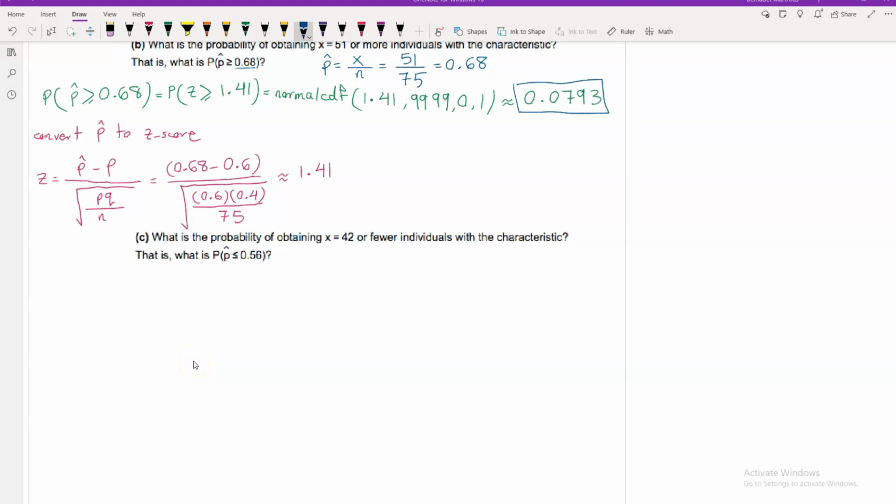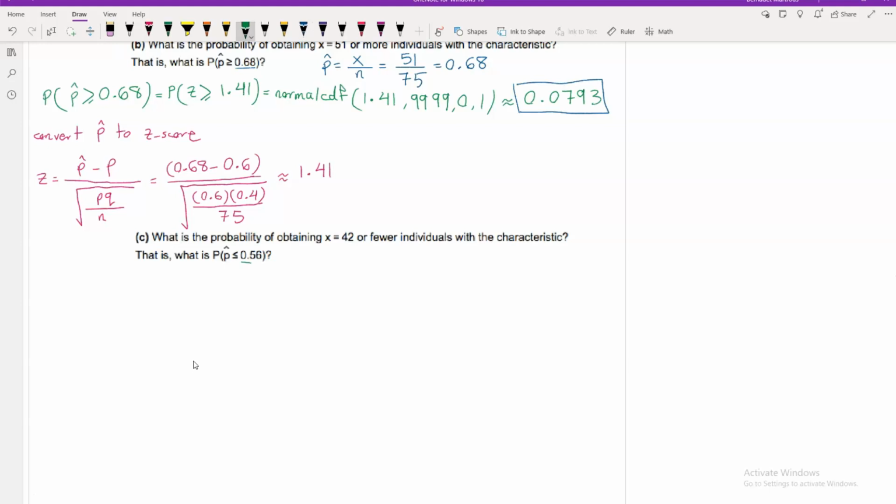Now part C. What is the probability of obtaining x equal to 42 or fewer individuals with the characteristic? That is, what is the probability when p hat is less than or equal to 0.56? Here again, even if this 0.56 was not given, we are able to find p hat because x is equal to 42 and our sample size is given on top, equal to 75.